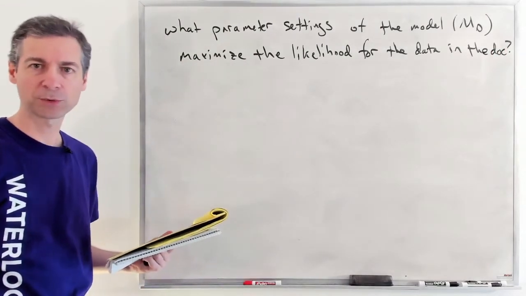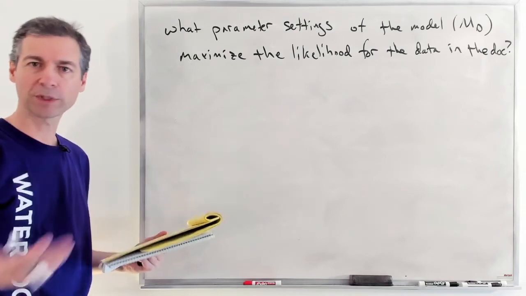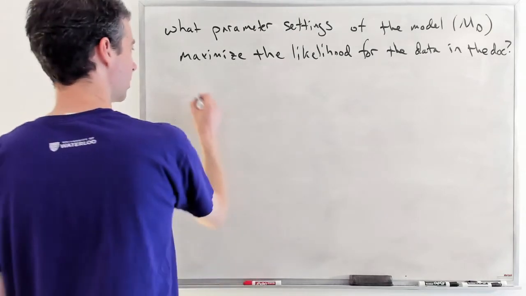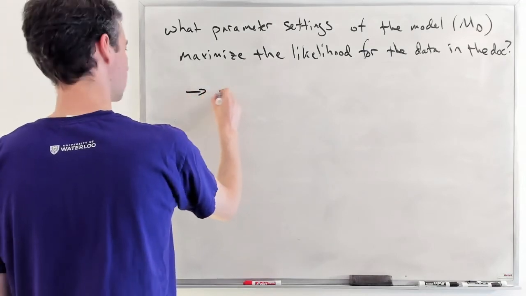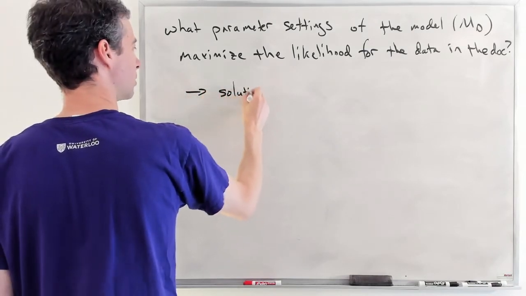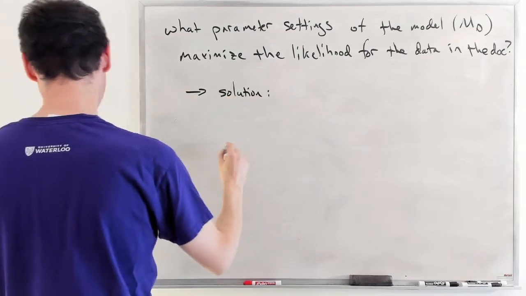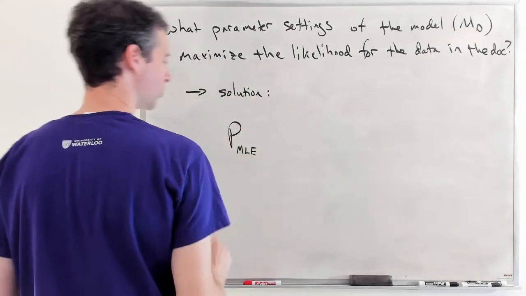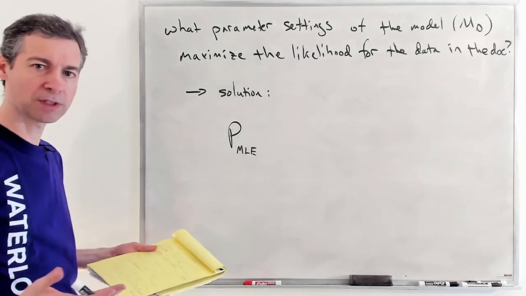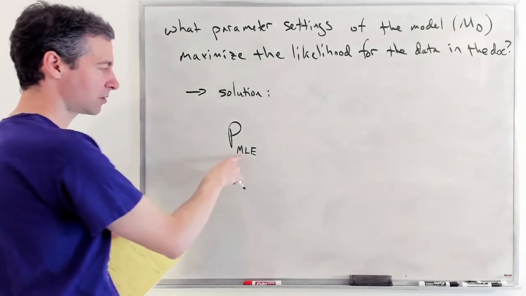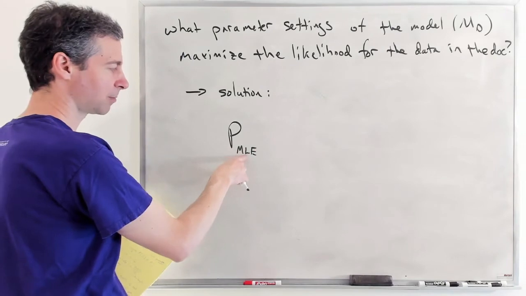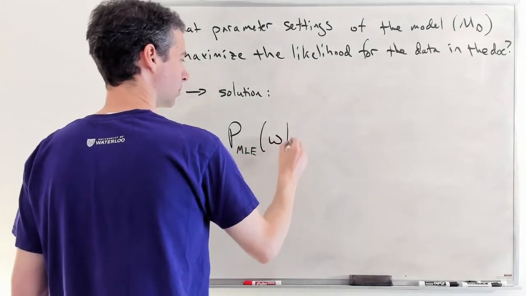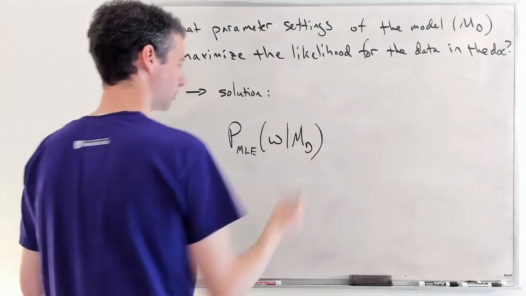I could try to work through the solution for you and how we get there, but I'm not going to. We're going to skip to the answer. When we want to be clear about where our probabilities came from and how we estimated them, we can say this is the probability with a maximum likelihood estimate for a word given the model of the document.